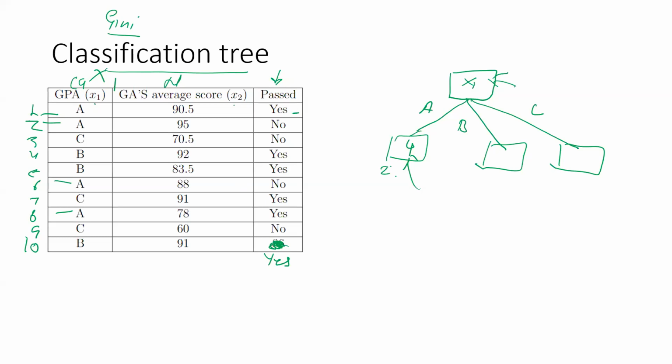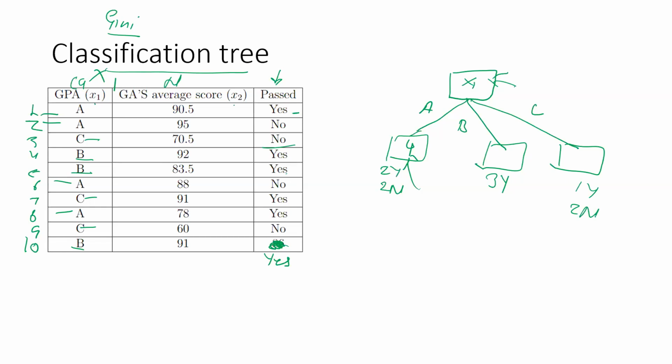So 2 yes and 2 no belong here. Similarly, if X1 is B, then this example and this example, so 3 yes. And if it is C, then these 3 examples, so 4, 3, 3, that's 10. It is 1 yes and 2 no.